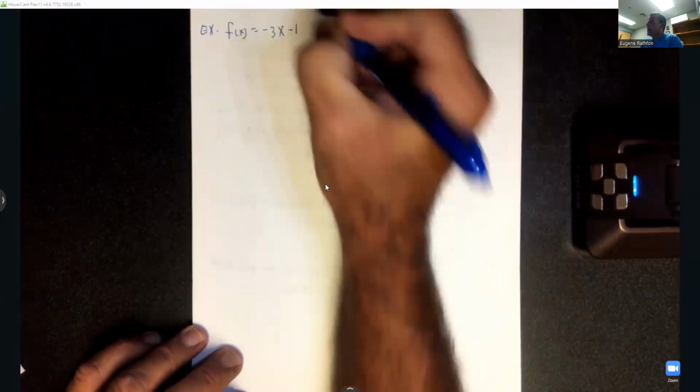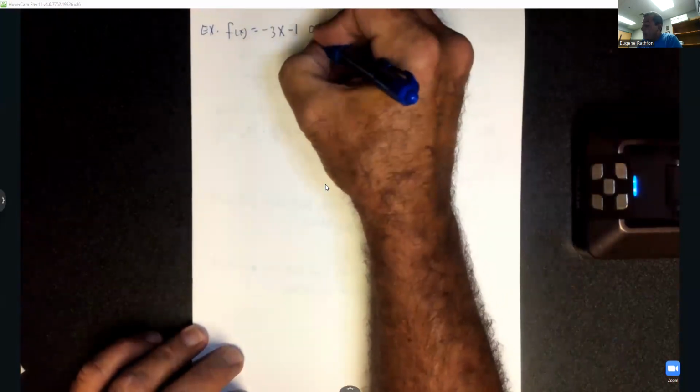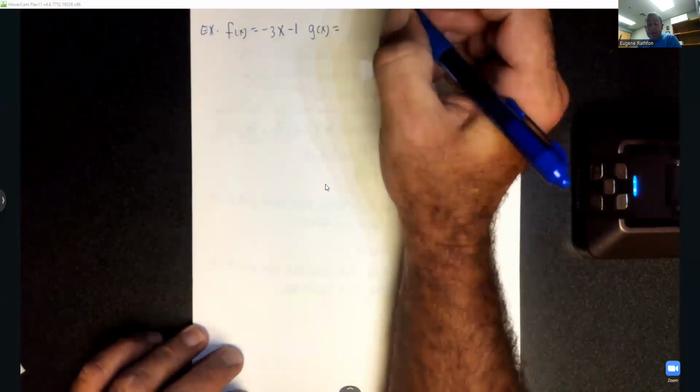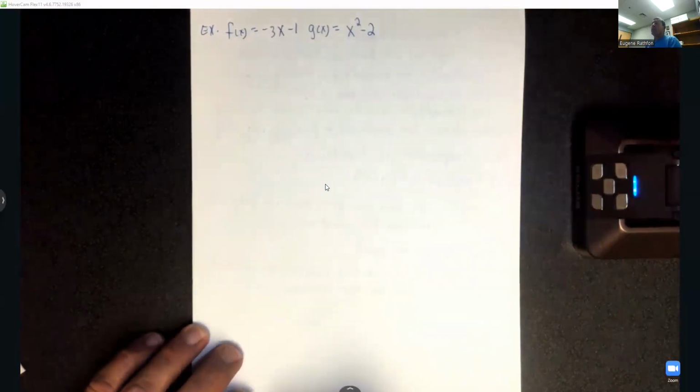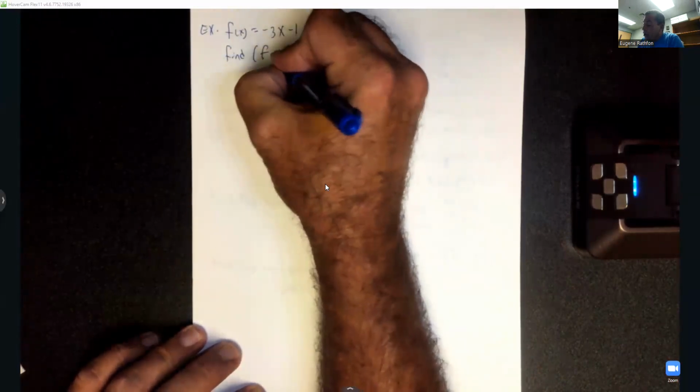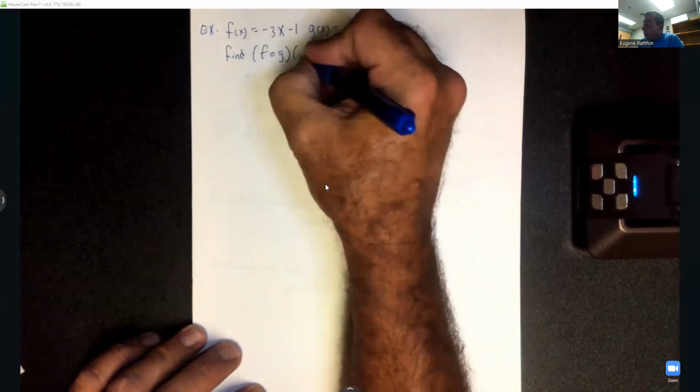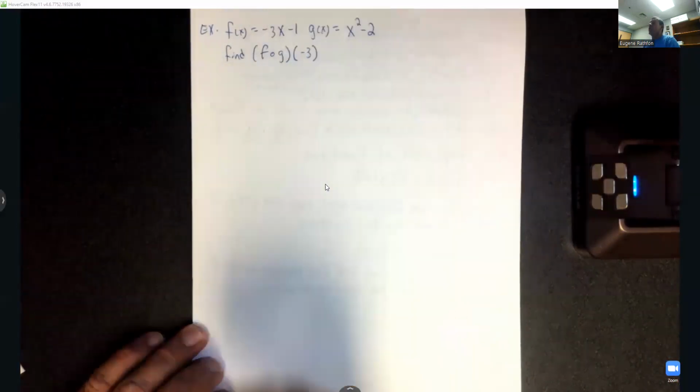So example 1, they're going to say that f of x equals negative 3x minus 1. g of x is going to equal x squared minus 2. They want us to find f compose g of negative 3.